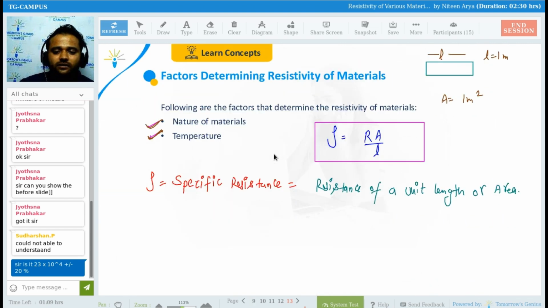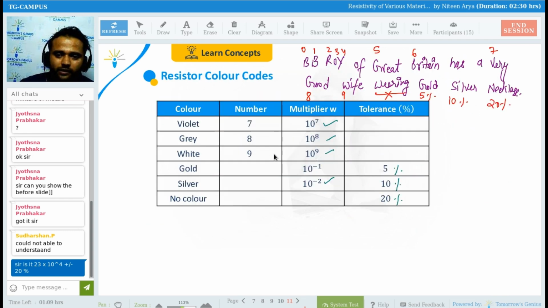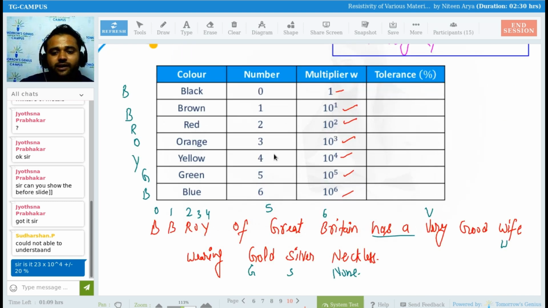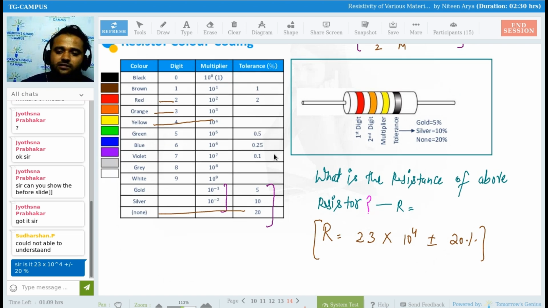In the break time, before this, we did this, and I showed you and wrote here: first significant figure, second into multiplier, then plus minus. This is tolerance. And then there is ohm, the unit of resistance.